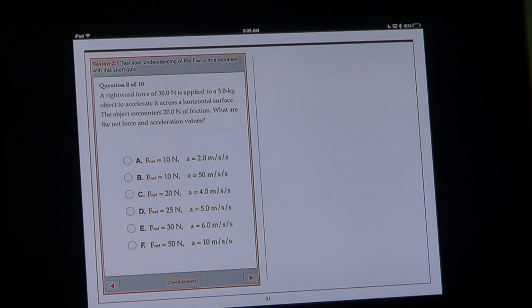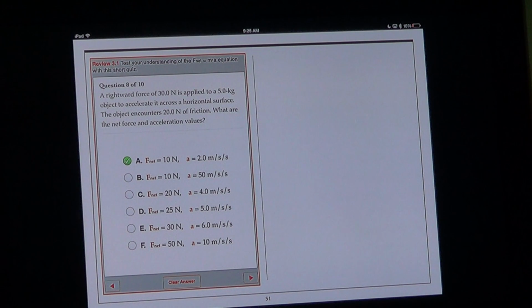Because there's a rightward force of 30 and 20 of friction. What would the net force be? 10. Okay, and then what would the acceleration be? It'd be 2.